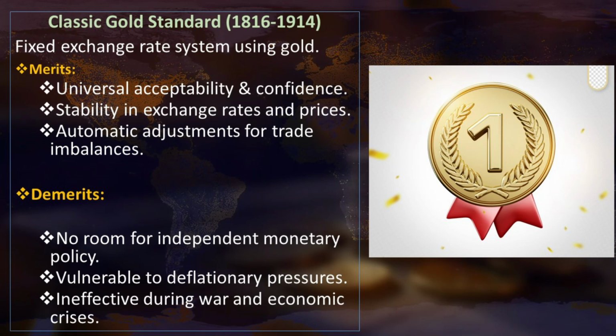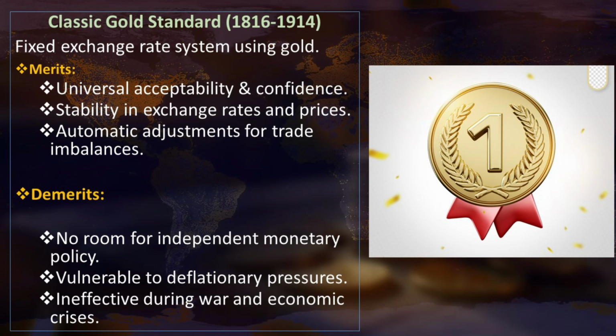Another demerit is deflationary pressure. On the one hand, gold-losing countries contracted their currency, but gold-receiving countries did not necessarily expand their currency, which ultimately created overall deflationary pressure in an economy.